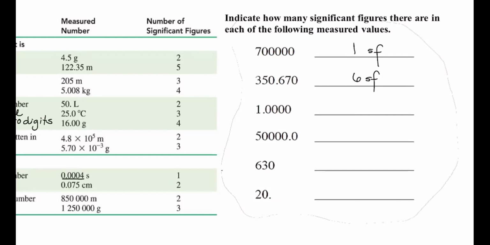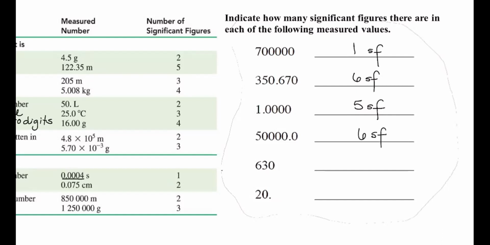Number 3, how many sig figs in that measurement? Thank you, Brayden. Thank you, guys. This has 5 sig figs. What about number 4? Number 4, how many sig figs? Excellent job. Thank you, Vanessa. This has 6 sig figs.